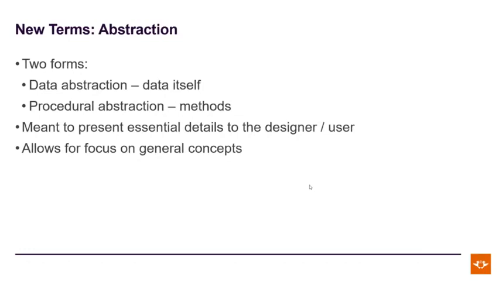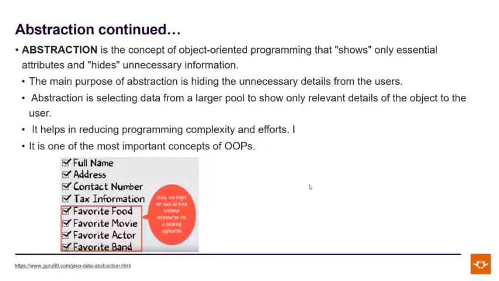Abstraction, you have data abstraction and procedural abstraction. So this is showing what is important and showing what is needed. Let me say that better. Showing what is essential and hiding everything else. Showing methods that are needed and hiding methods that shouldn't be seen. Okay?